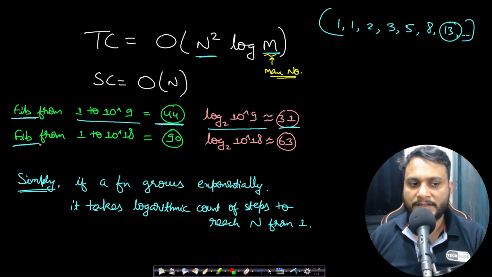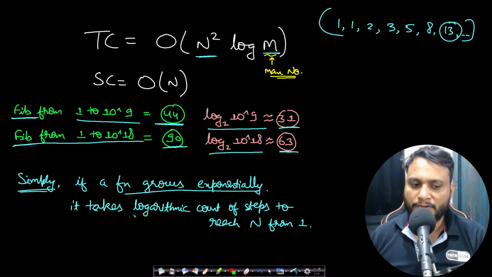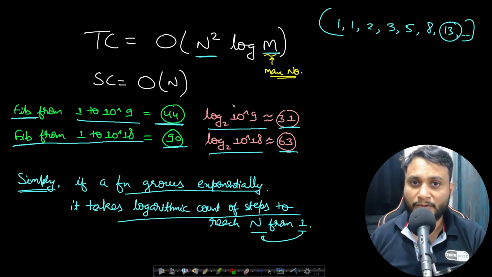Similarly, if you consider Fibonacci series from 1 to 10 to the power 18, it will give you 90 Fibonacci numbers, and if you consider log of 10 to the power 18 base 2, it will be almost 63, which is kind of a 64-bit integer, right? So simply, if a function grows exponentially, it takes logarithmic count of steps to reach from n to 1 or 1 to n. Any way you can count, right? So I hope this greedy simulation is clear.